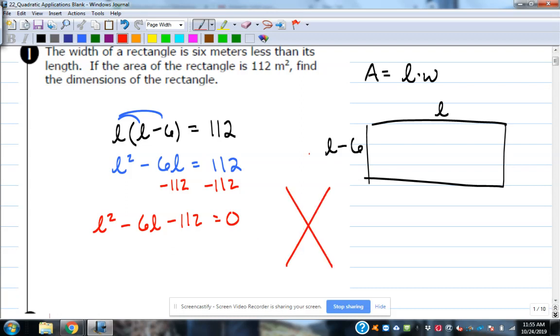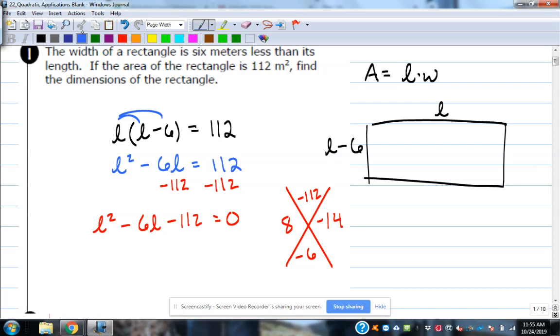So what goes up top? Negative 112. It's got to add to be negative 6. So numbers that multiply to be negative 112 and add to be negative 6: 8 and 14. Which one should be negative? The 14.